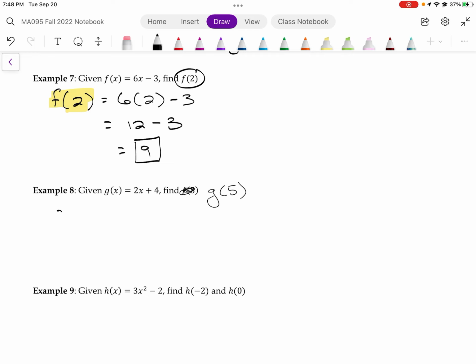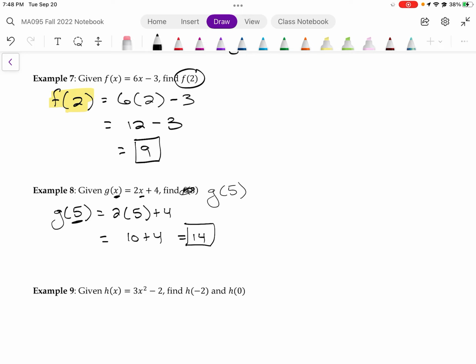All right, so I would plug 5 in every time I see an x, which is right here. All right, so 2 times 5 plus 4. That is 10 plus 4, which is 14. Okay, so g of 5 is 14.